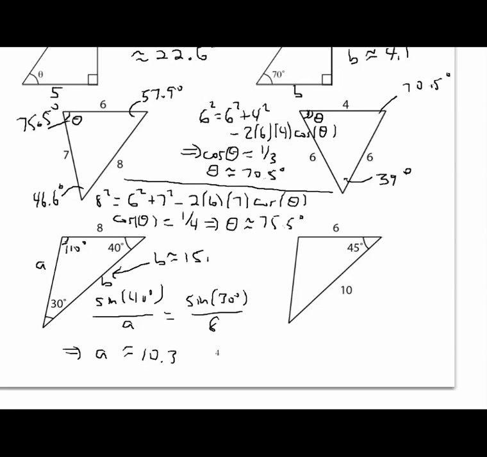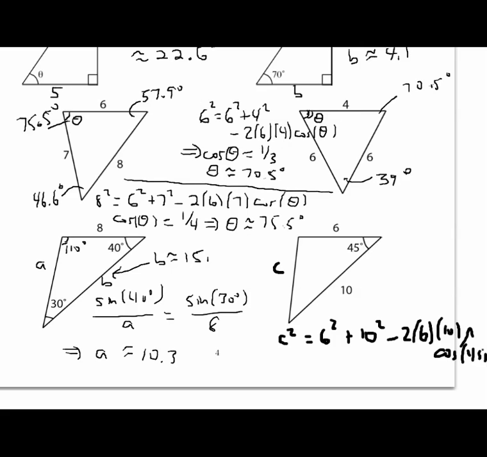The last problem is sort of the prototypical law of cosines problem. We only have one missing side, so we'll call this C. And the law of cosines says that C squared is the sum of the two squares of the sides, just like the Pythagorean theorem, but then we have to correct 2 times 6 times 10 times, and I'm running out of room, cosine of 45 degrees.